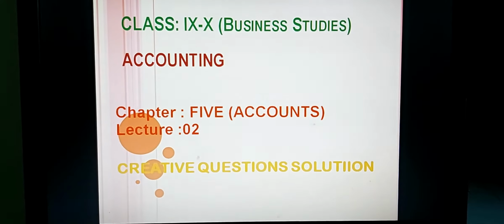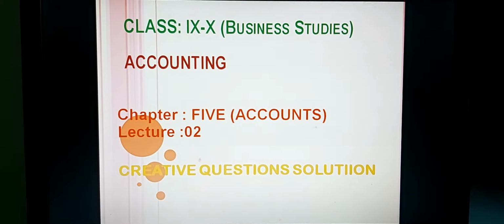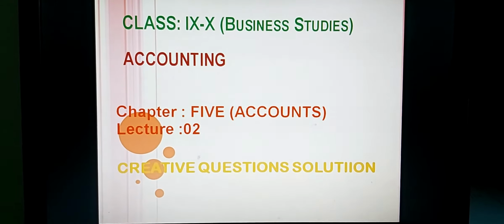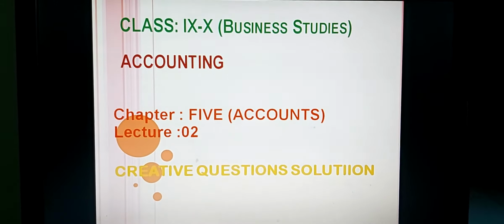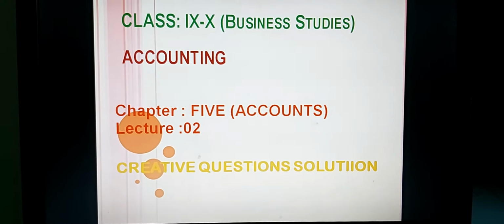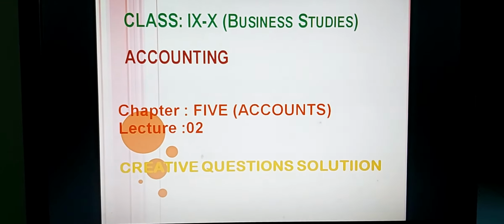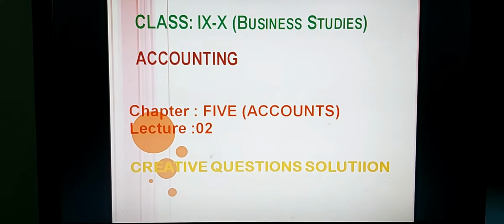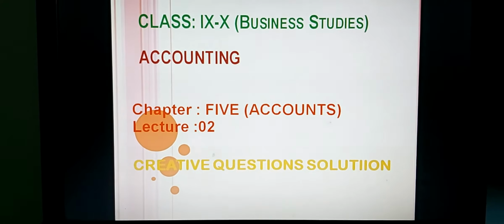Now, you can take your textbook for solving the creative question of chapter number 5, that is the accounts, and take your copy, that is accounting copy, to write the solution of creative question number 1.